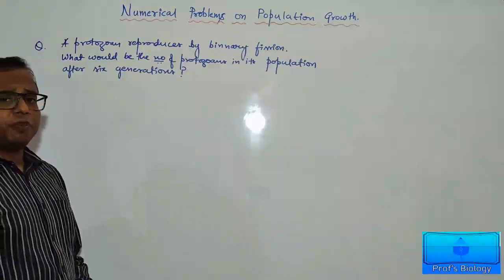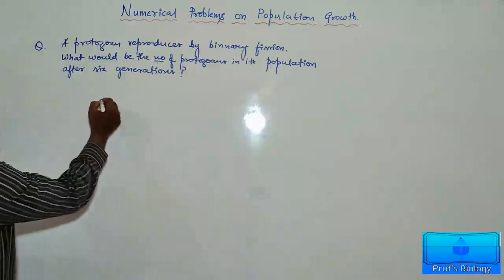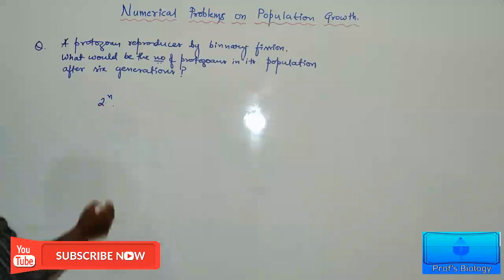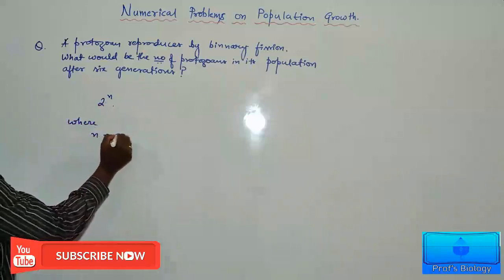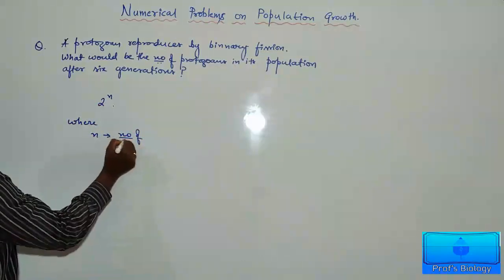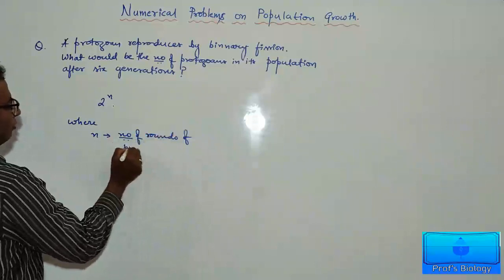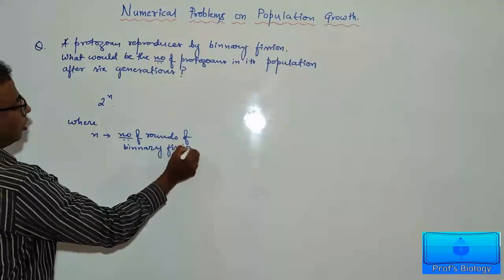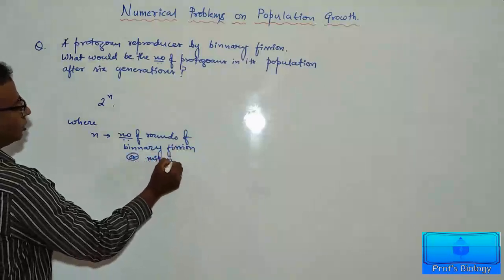Now similar problems on mitosis can also be solved using this equation 2 to the power of n, where n is number of rounds of binary fission or mitosis.